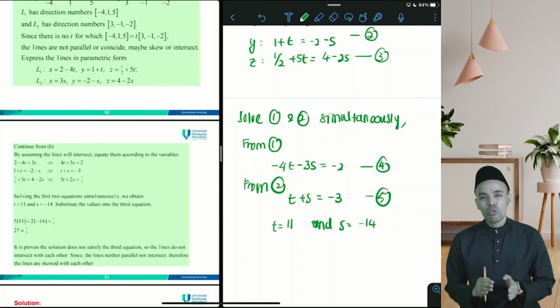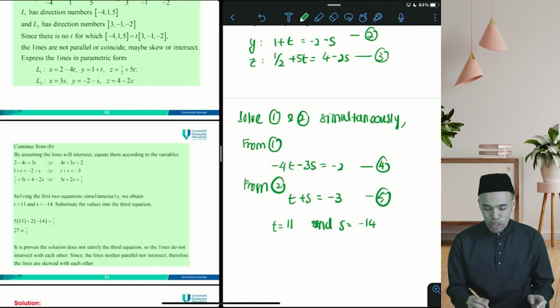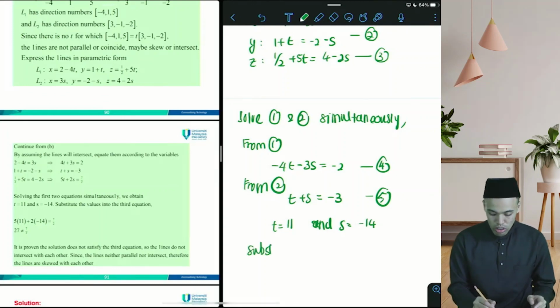So what should you do with these two values of these two unknowns? You have to substitute back into the equation you have not used in the original equation, such as you substitute t and s into equation 3.